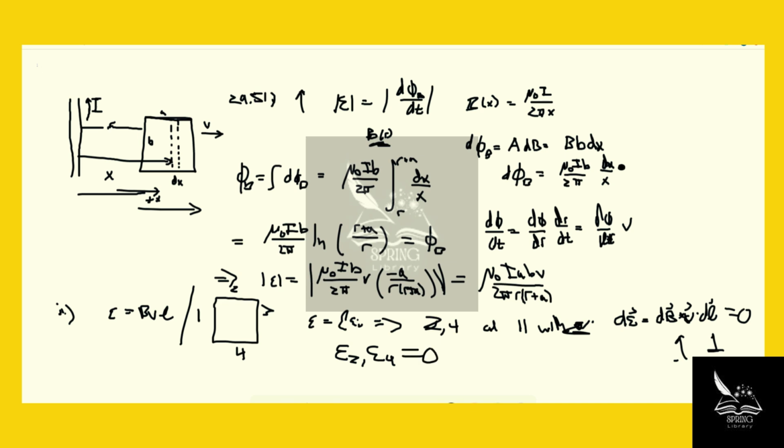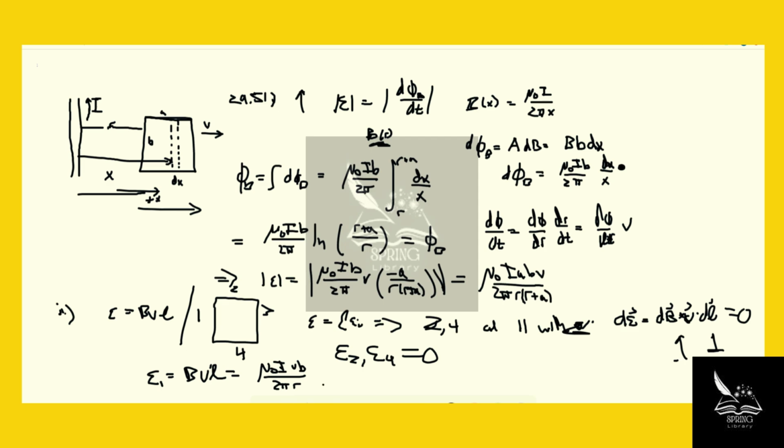Okay? So that makes this a little bit easier because now we just have to find what E1 and E3 are. So E1 we can write as BVL. If we write that out, we see that this is mu naught I V b over 2 pi r.